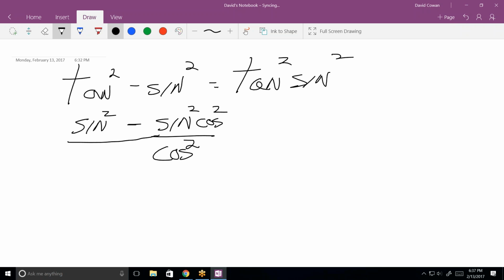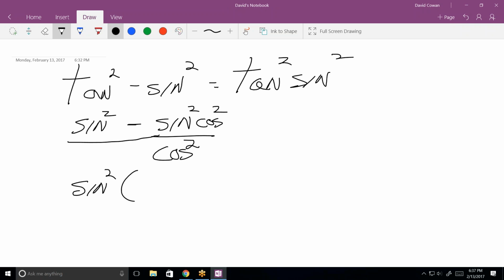Now factor a sine squared out of the top. What do you get? I get sine squared times sine minus sine times cosine squared.